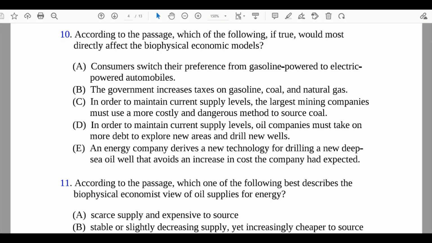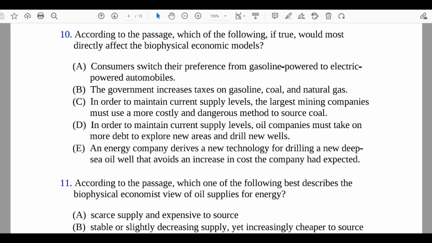In order to maintain current supply levels, the largest mining companies must use a more costly and dangerous method to source coal. This is an information retrieval question.